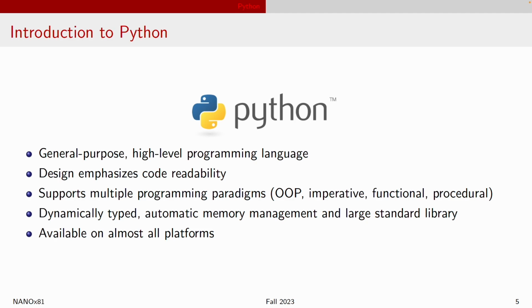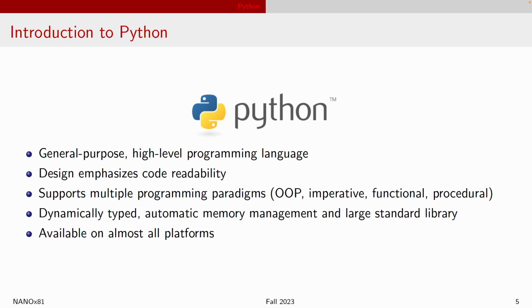It supports multiple programming paradigms, so if you are like me and someone who likes to do object-oriented programming, you can do that. If you prefer imperative, functional, or procedural programming, you can also do that. There are no constraints on what kind of paradigm you are using.